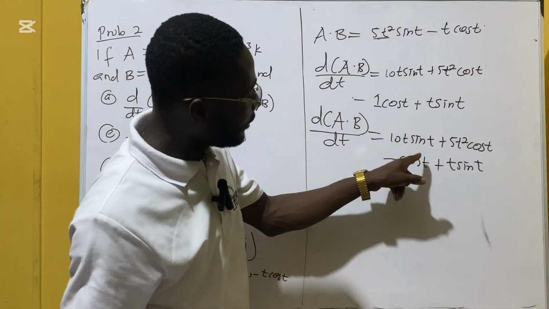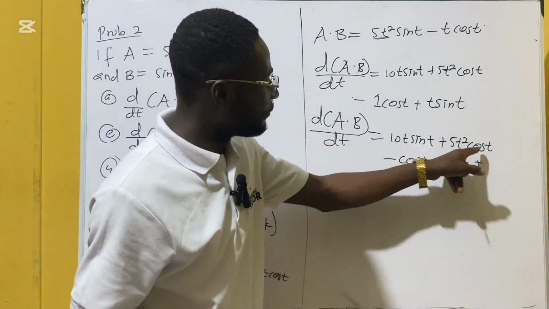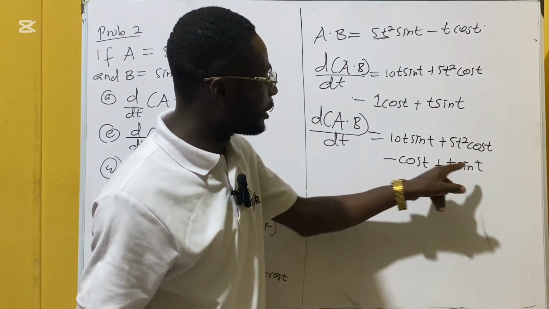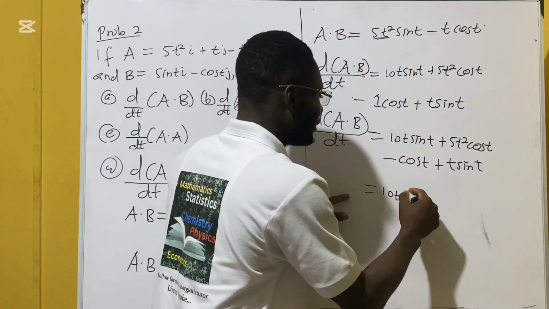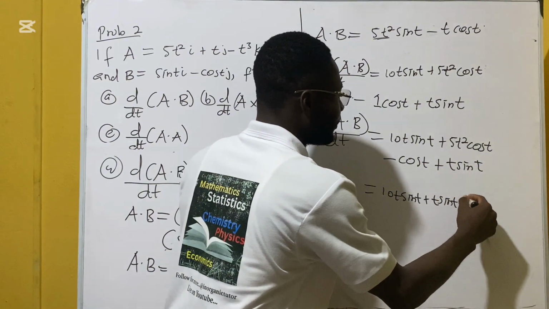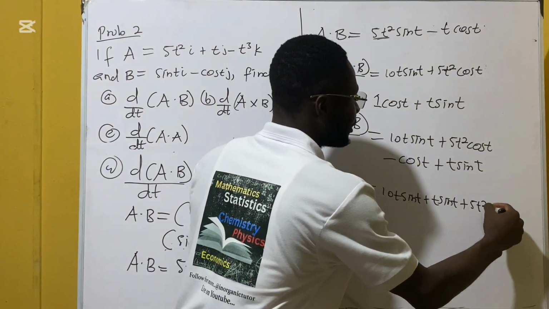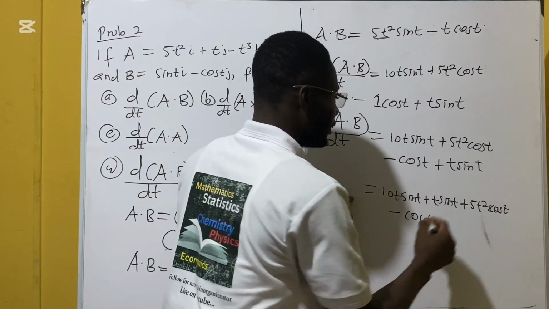And this, we can factor something out. We have common terms. This is a common term and this is a common term. So we're going to have 10t sine t plus t sine t plus 5t squared cos t minus cos t, right?